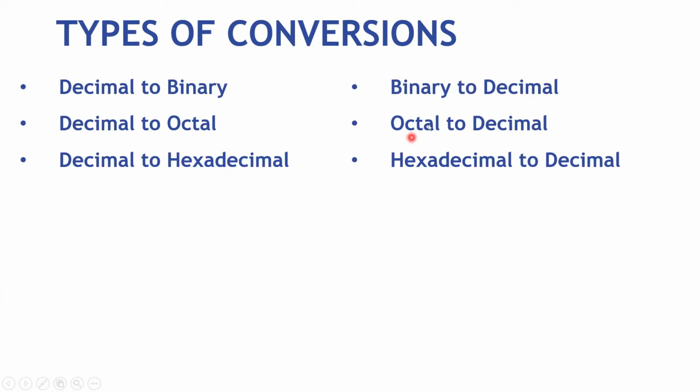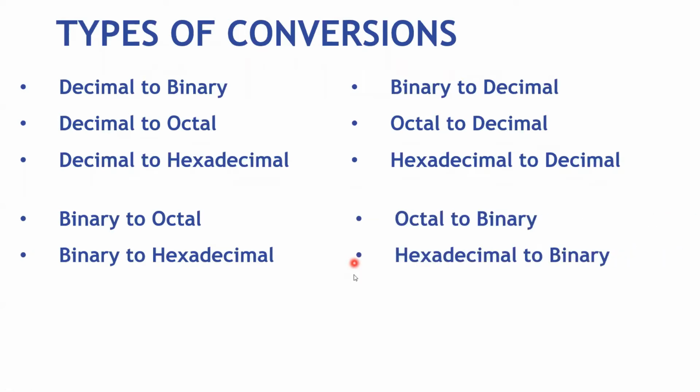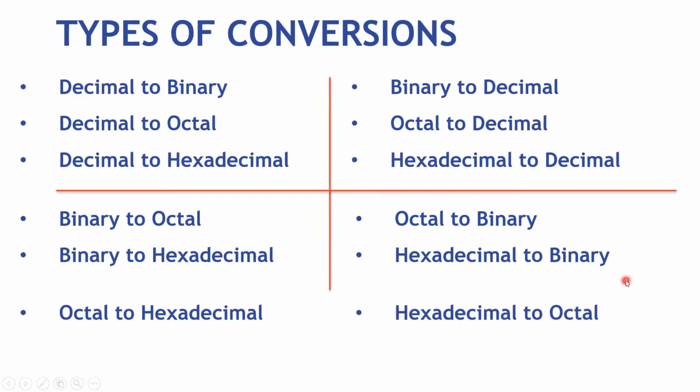Octal number, if it is given, we can convert it to decimal. Hexadecimal to decimal. If binary is given, we can convert it to octal, binary to hexadecimal, then octal to binary, hexadecimal to binary. Then we can convert octal to hexadecimal and hexadecimal to octal.